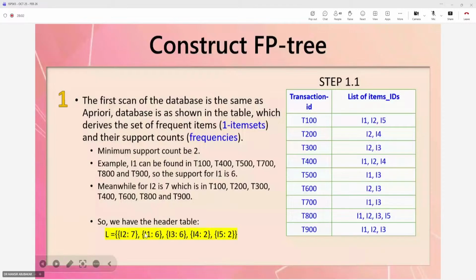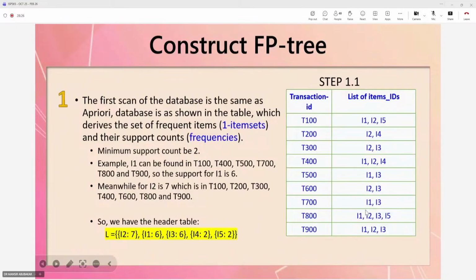So I2, if you look at these transactions, appears 7 times, I1 appears 6 times, I3 also 6. Since I1 and I3 have 6 counts, you go for the first item in the presentation of the header. Then I4 and I5 also appear 2 times.